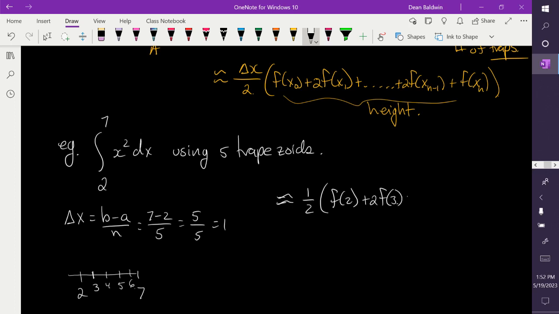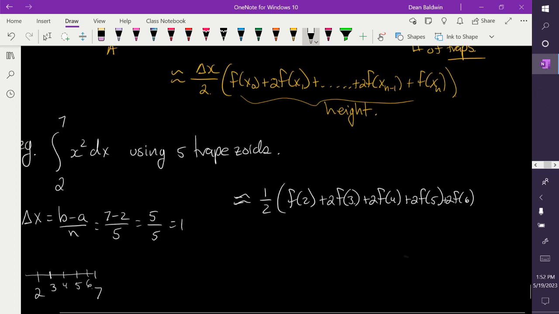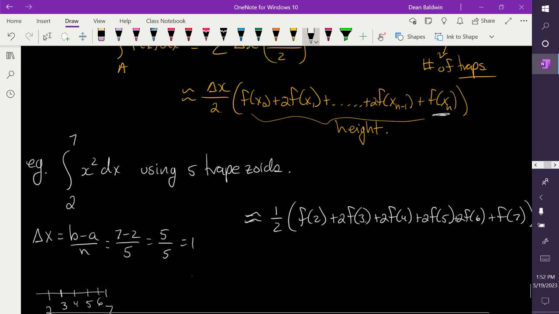And you just go all the way up. 2f of 4, 2f of 5, plus 2f of 6. And then on the last one, it's just f. It doesn't have a 2 in front of it. Plus f of 7. Does that make sense? Okay.